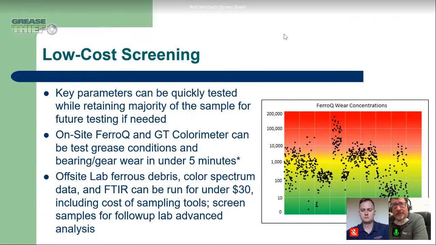So we've looked at the data over 10 years and said, what are the key parameters that are indicative of changing conditions? In other words, how can we screen samples with a low-cost test slate, and then know which ones we need to go further, and as a result, have an overall lower cost of incorporating grease analysis into the monitoring strategies for wind turbines.